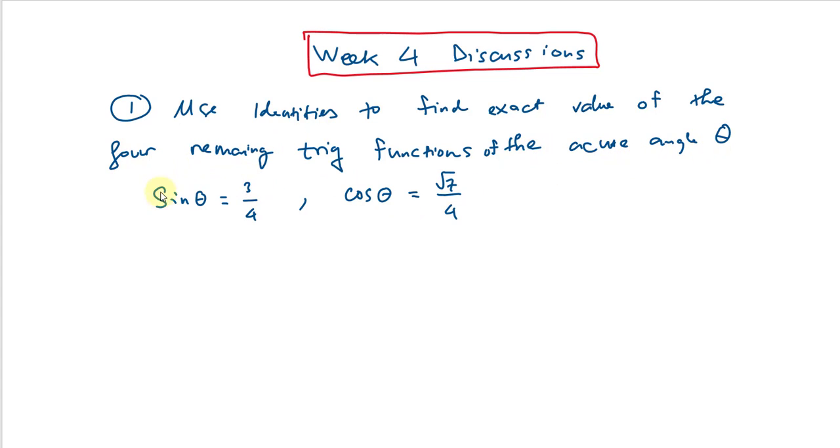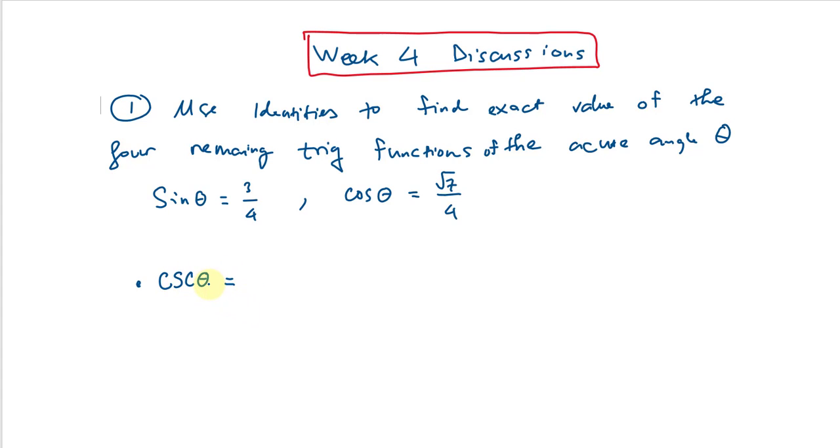So we know that this is given: sine of theta equals 3/4 and cosine of theta equals square root of 7 over 4. Okay, so we need to find the 4 remaining trig functions. So the first one, I have cosine, I have sine, so I can find cosecant.